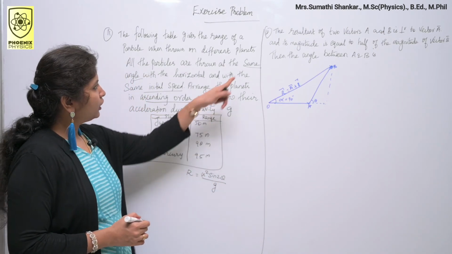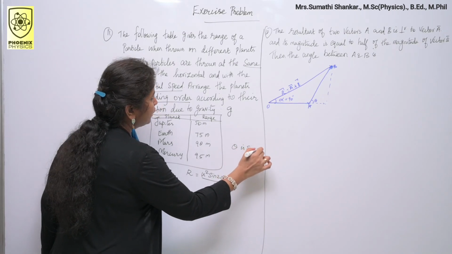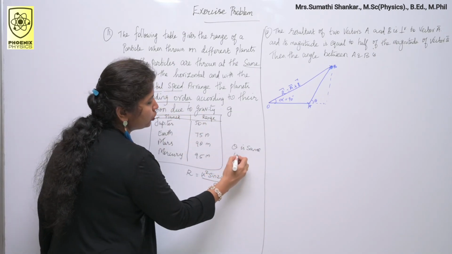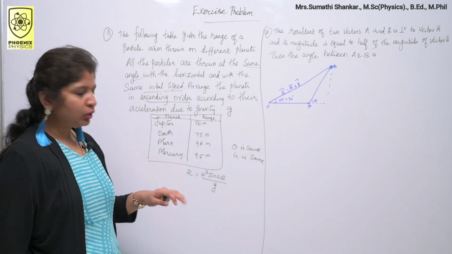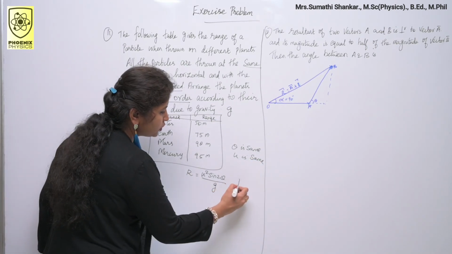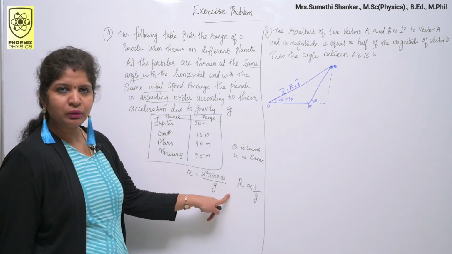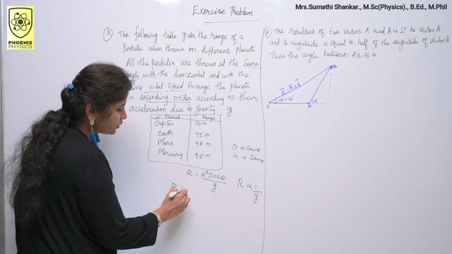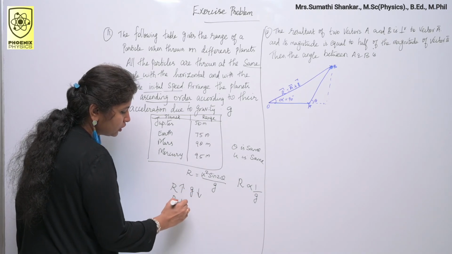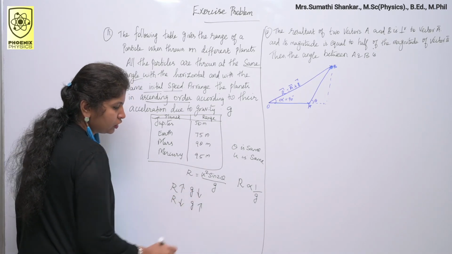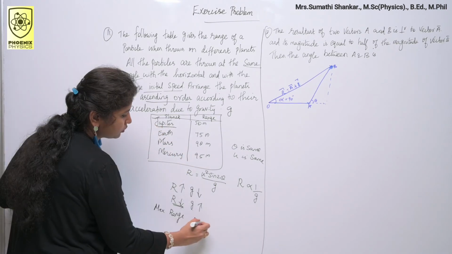Here what is given? Angle theta is same, and initial speed is same. So u is same and theta is same. So the variable one is g. So R is proportional to 1 by g. What is the meaning? If R increases, g decreases. If R decreases, g increases. Okay, so which planet has the maximum range?